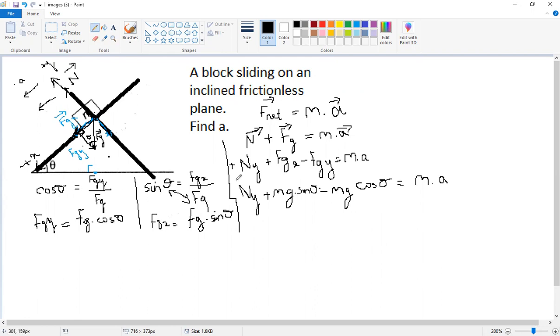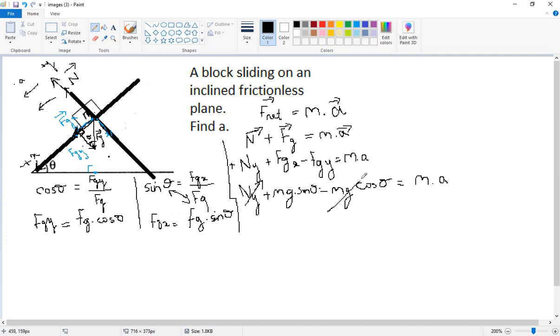So we can cancel the normal force because it's along the y direction and the block is moving along the x direction. And we can also cancel FGY, which is along the y direction.